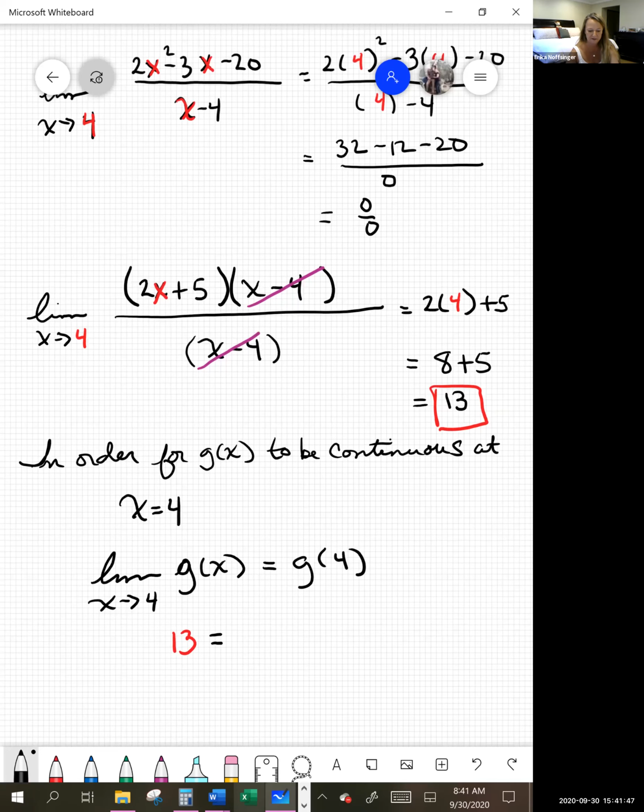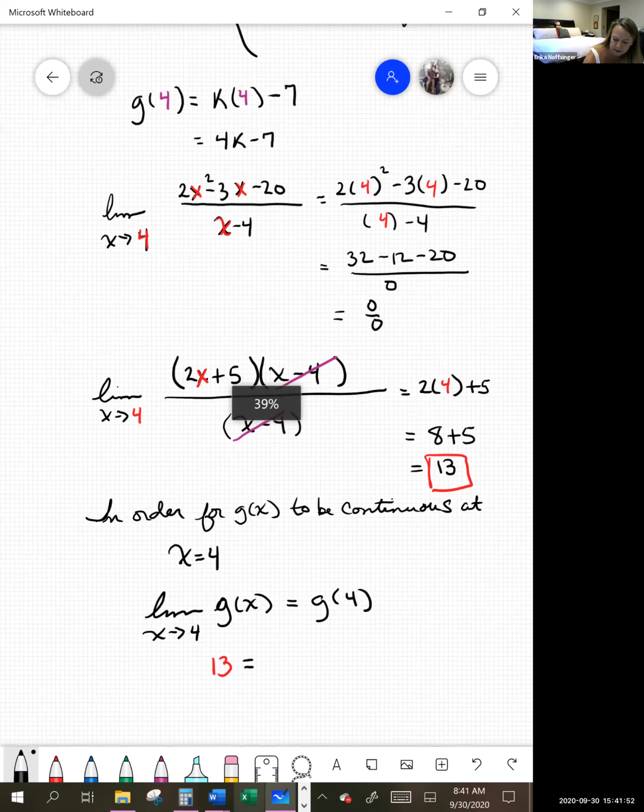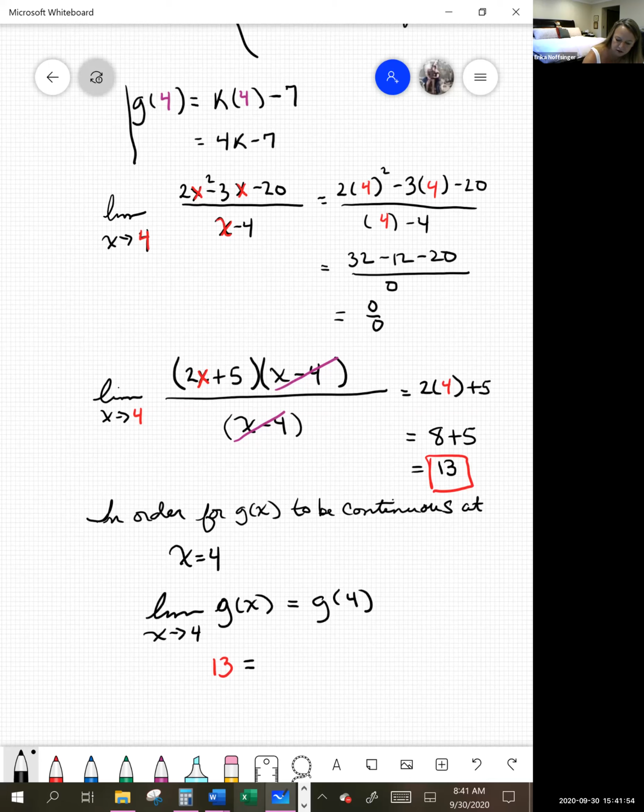Well, we found g of 4 up here before, right? G of 4 was this. And so we're setting our 13 equal to the 4k minus 7. So let's just solve for k.